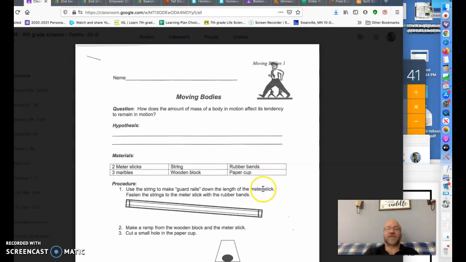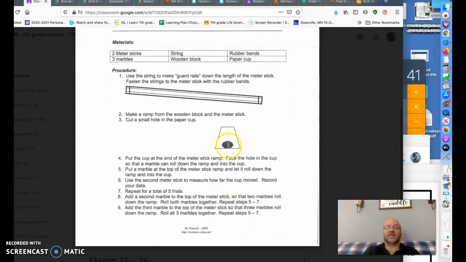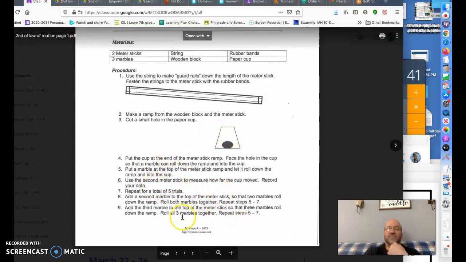If you want to use rubber bands, go right ahead. But you will see in the video how that is done. Then you have a styrofoam cup and make a little hole in the bottom. You'll see that in the video. Use a styrofoam cup if you can. A small coffee cup would be great. Use whatever you have at your house. And then just read through this and you can understand what you need to do.